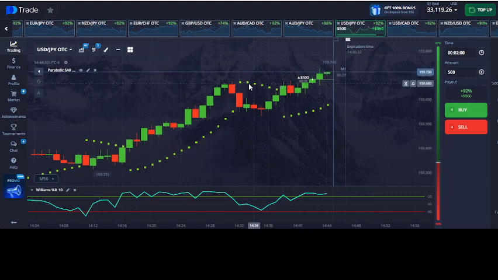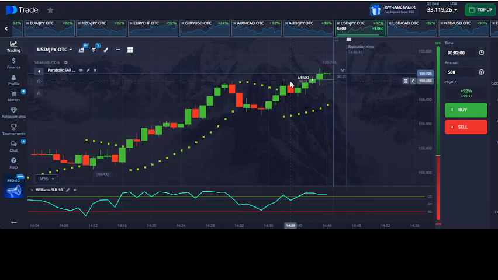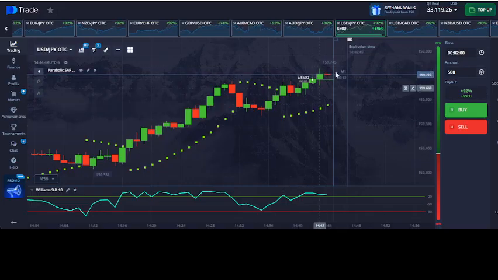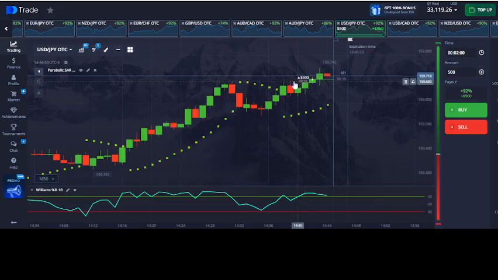In addition to that, I waited for this particular candle to close above this red wick here. And once this candle closed above the wick, that suggested to me also a bullish breakout to the upside as well.